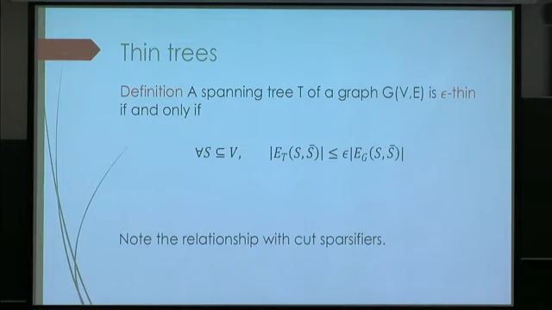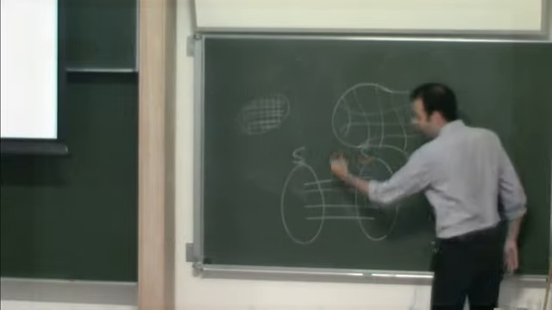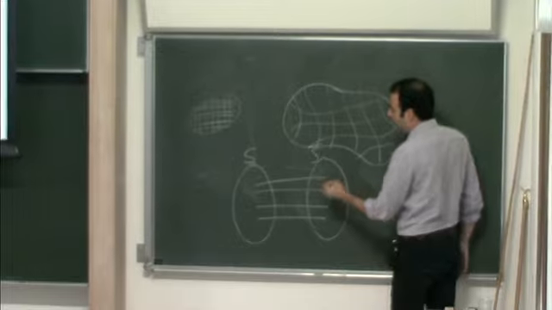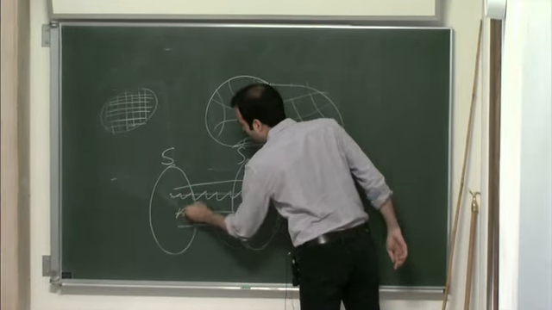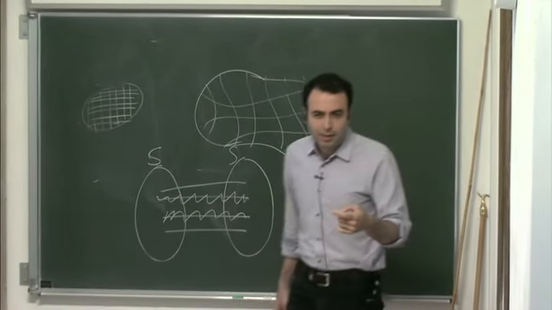So if I want to draw this, let's say you have the graph, you divide the vertices into two sets, S and S bar. For every subset S, you look at the total number of the edges of the graph, and then you look at how many of those edges belong to the tree. It shouldn't be more than an epsilon fraction.